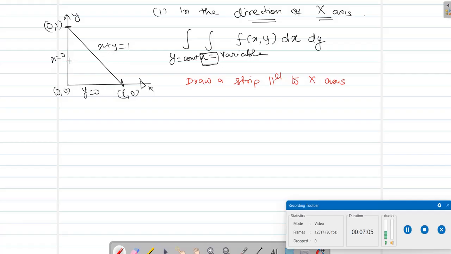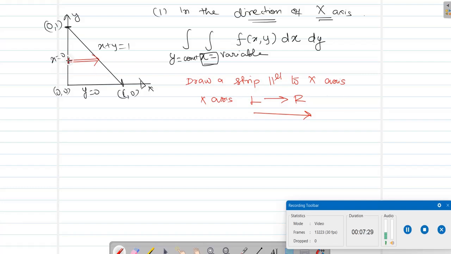So which is our x-axis? This is our x-axis. How will you move in your x-axis? The movement in the x-axis is always from left to right. Okay, so which direction do we move? We move from left to right. So this is going to be a strip parallel to your x-axis.